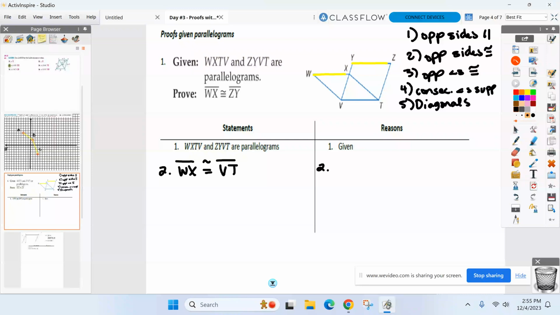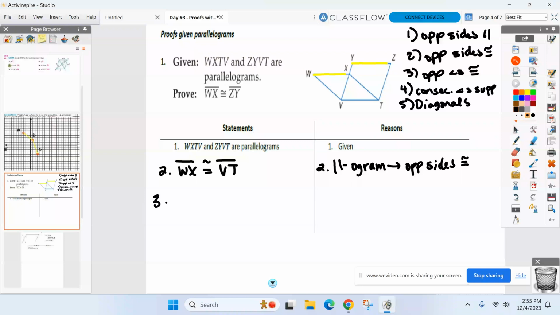And just like we wrote a couple times yesterday, parallelogram implies opposite sides congruent. We can write this next step in the same statement as number 2, but I'm going to separate it just so you guys see exactly what I'm about to do.